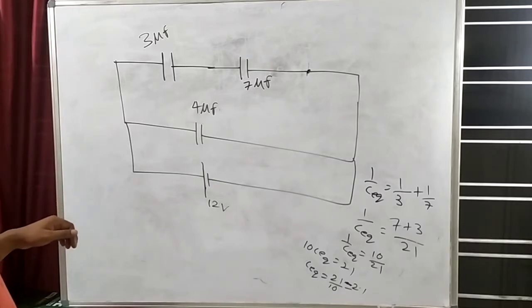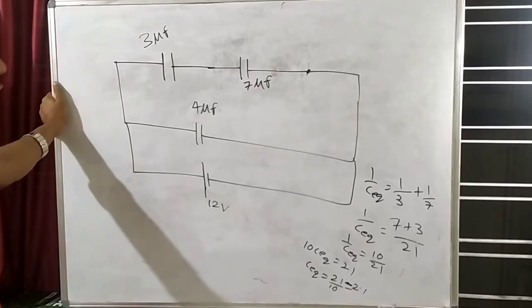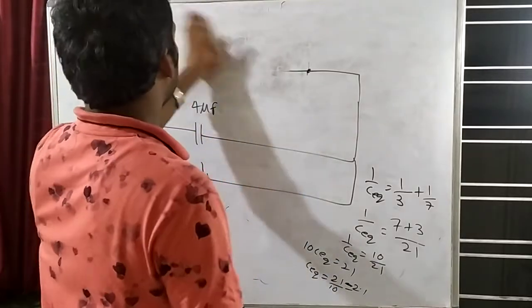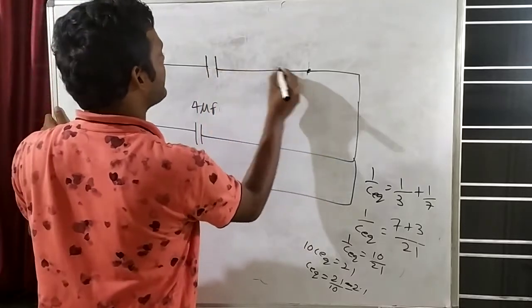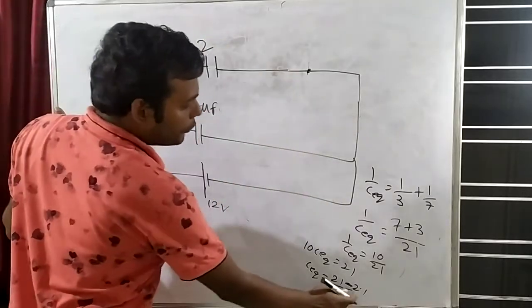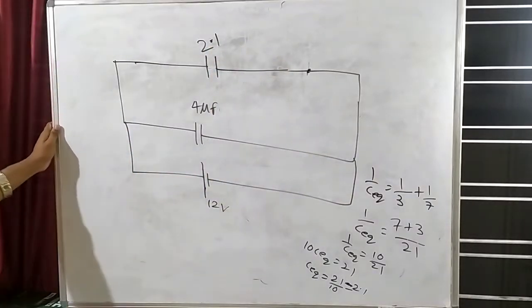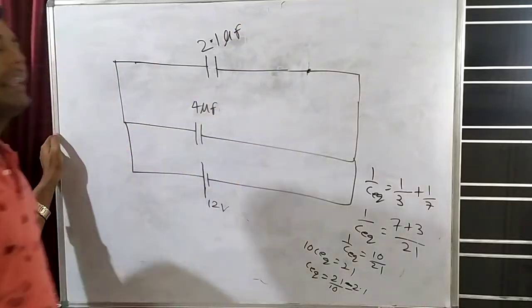Right? So this will be 2.1. So we will replace these by the equivalent capacitor. That capacitance is 2.1. Clear? Now 2.1 microfarad and 4 microfarad are connected in parallel.